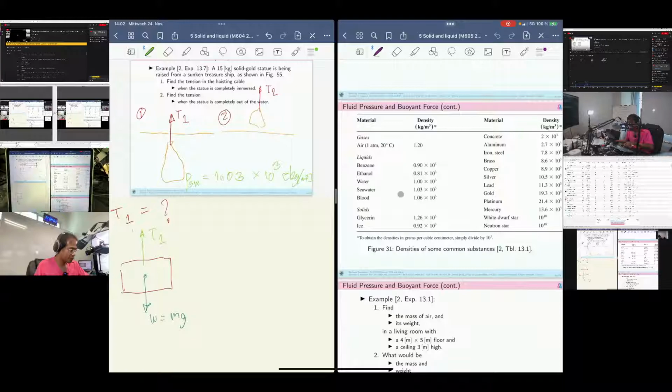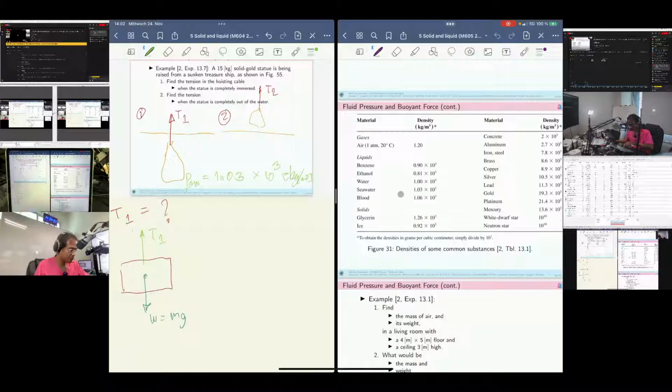Okay, the statue problem, right? Right now we want to find T1, but we would also have the buoyant force, the lifting force here, which is B, or FB, up to you. According to Newton's first law, when the object stays like this, let's say it's in equilibrium.